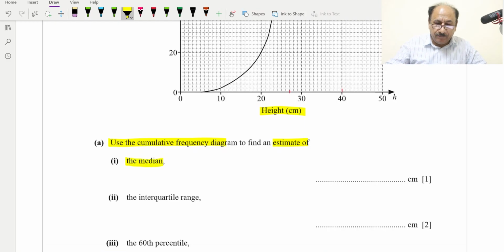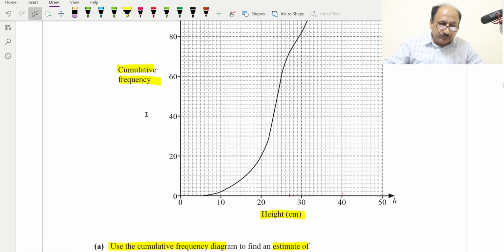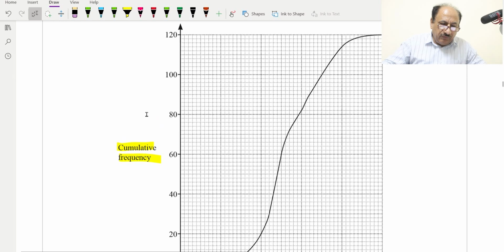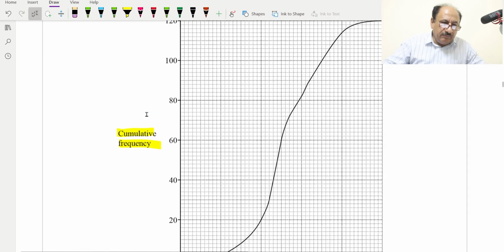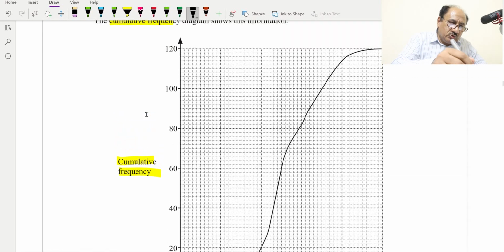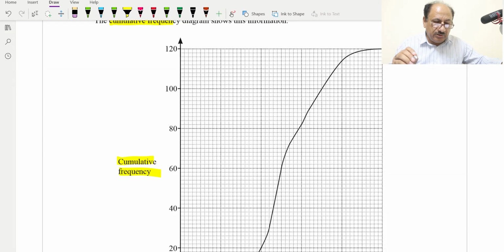First of all, the median. For the median, we will be taking the middle value, and because this total is 120, we will check half of 120, which will be 60. So we can mark here a reference point.